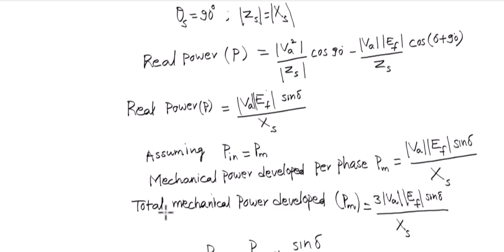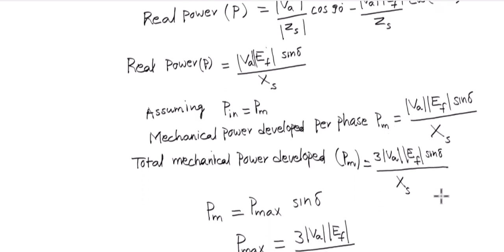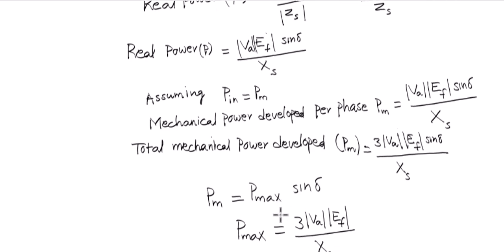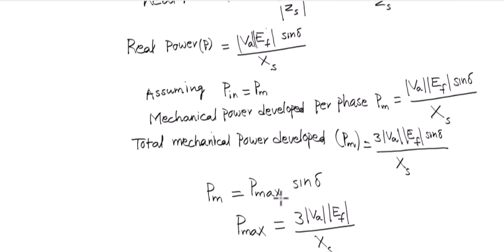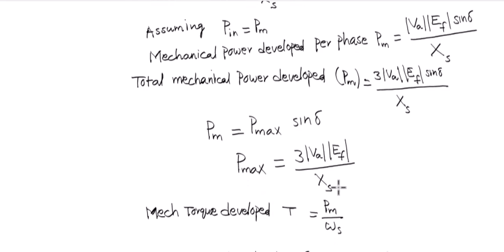For 3 phases, the total mechanical power developed in the synchronous motor Pm can be written as 3 into Va into Ef into sin delta divided by Xs, and this 3 Va Ef divided by Xs can be written as P max, that is Pm is equal to P max into sin delta, where P max is equal to 3 Va into Ef divided by Xs.